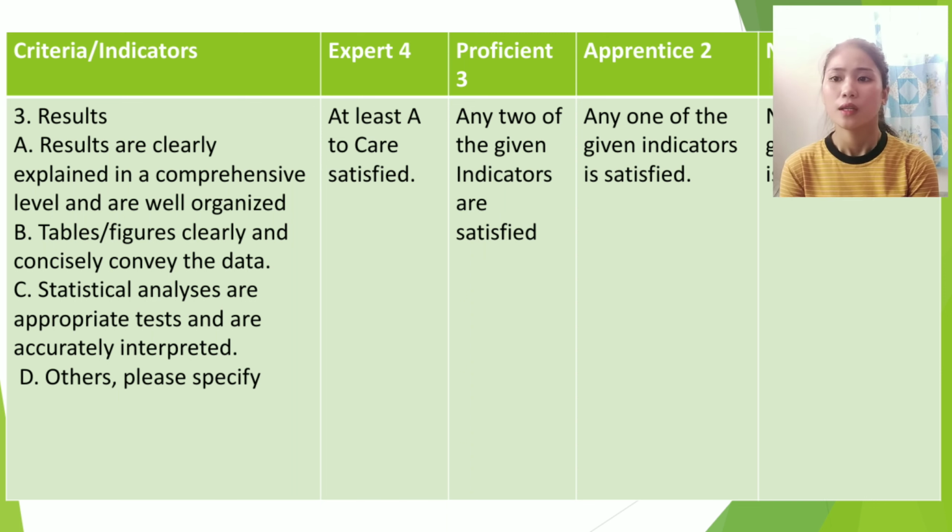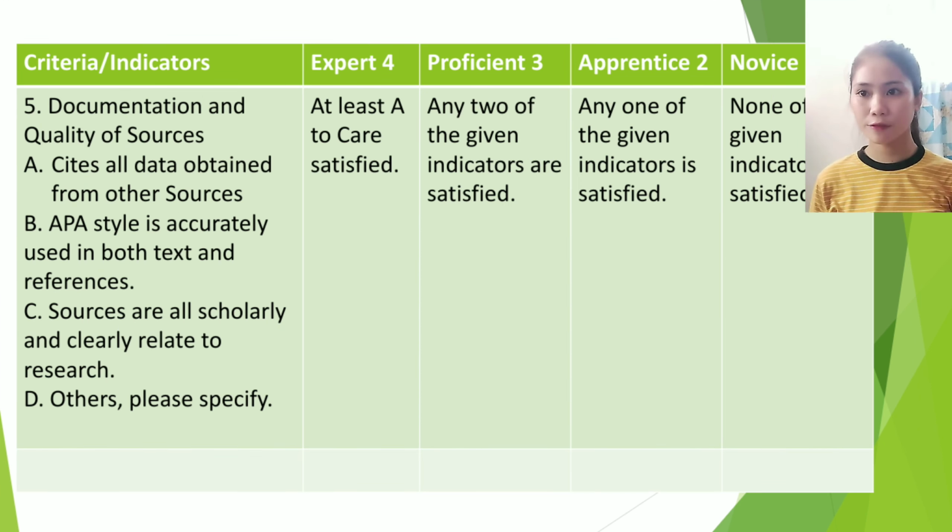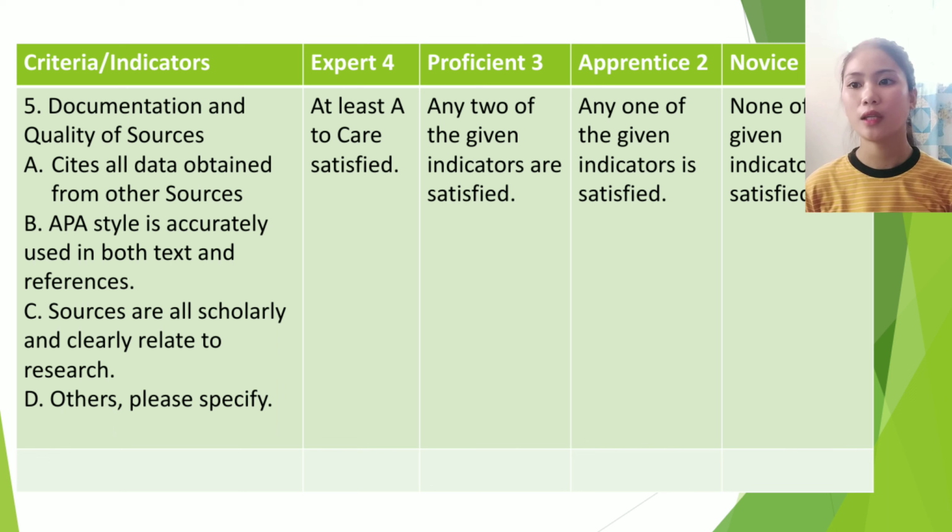The letter C, statistical analyses are appropriate tests and accurately interpreted. Number 4, conclusions, discussions and recommendations. Criteria is interpretations and analysis of results are thoughtful and insightful. Letter B, are clearly informed by the study's results and thoroughly address how they supported, refuted, and or inform the hypothesis or proposition.